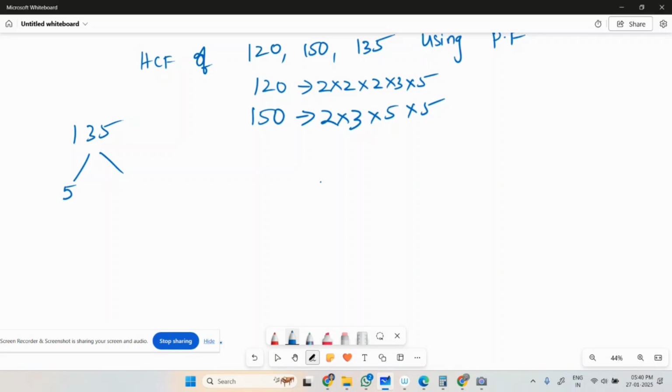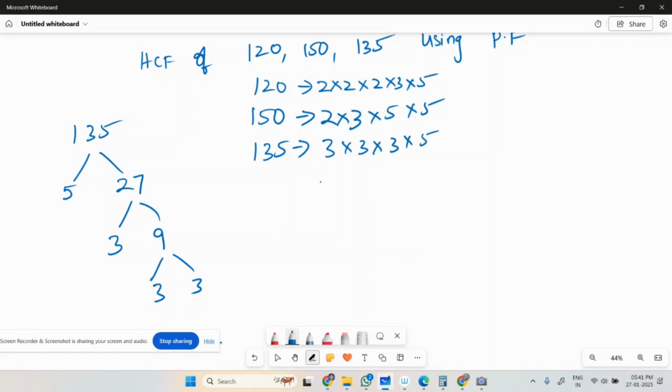That is up to you. Here I am choosing 5. 5 times 27 is 135, 3 times 9 is 27, and 3 times 3 is 9. So the prime factors of 135 are 3 times 3 times 3 times 5. Here I am writing in an order so that it will be easy to pair up.